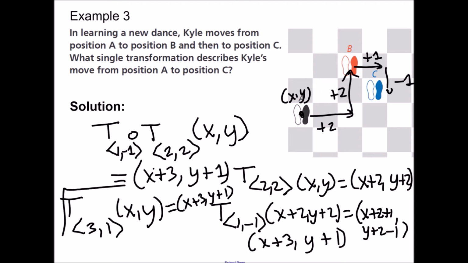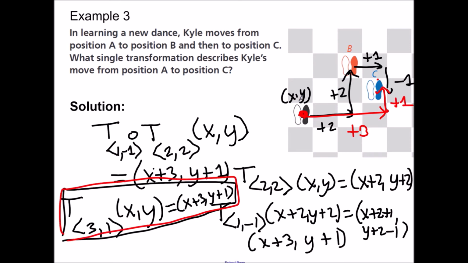So this right here is my final answer. Know that that's my new transformation. And that really makes sense, because if you were to go straight from A to C, then he would have to go 3 units to the right, and then he would have to go 1 unit up. So really, that's what this single transformation represents.